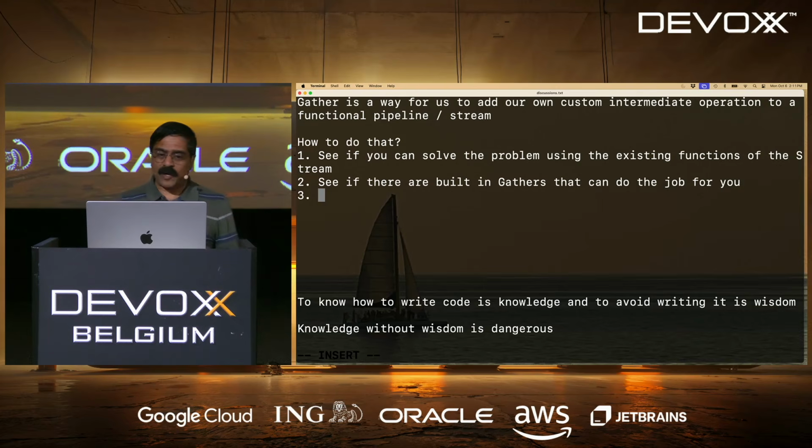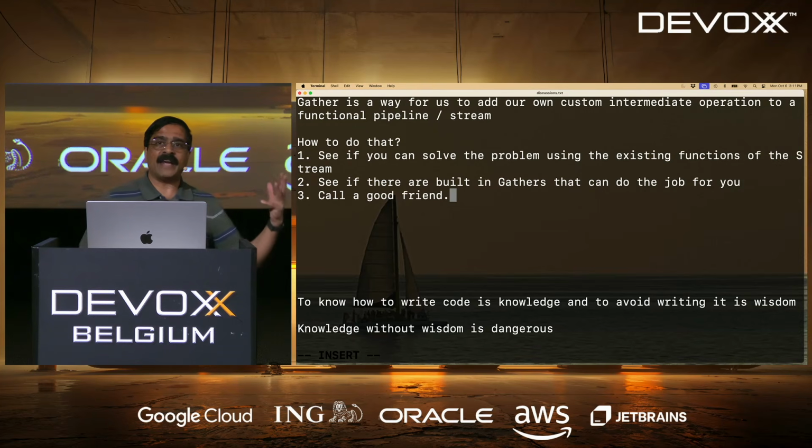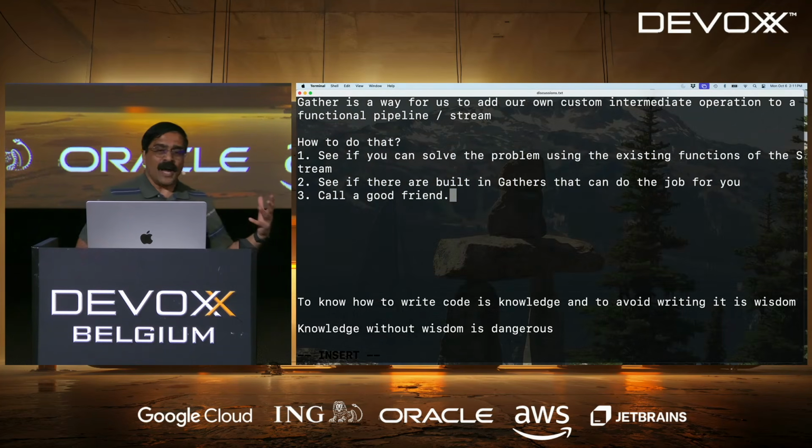I need a gatherer. What can I do? My sincere recommendation is call a good friend and say, hey, you know what? I've got this thought in my mind that I have to write a gatherer. What should I do? And your friend most likely says, let's meet for dinner, let's have some drink. Take it, right? And let's hope they will walk you out of doing this.